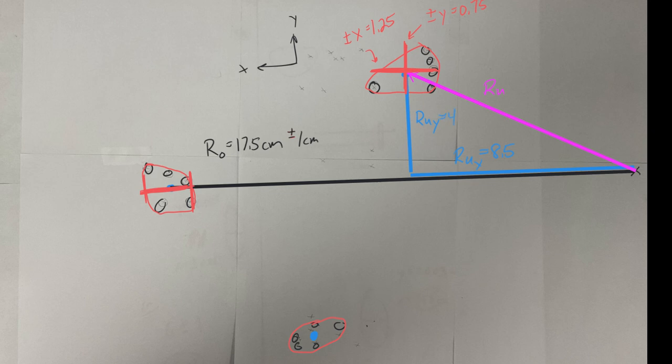So R up Y is actually 4 plus or minus 0.75. And 8.5 is 8.5 plus or minus 1.25. All good so far? One more to go.